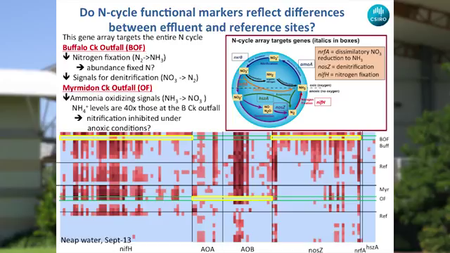And we got some promising initial results, such as from Buffalo Creek outfall, where we saw very few gene signals for nitrogen fixation, and signals for denitrification were strongly reduced as well, which nicely matched the nutrient data. As for Myrmidon Creek outfall, we saw strongly reduced ammonia oxidizing signals, which again matched the nutrient data where we had very high ammonia levels.